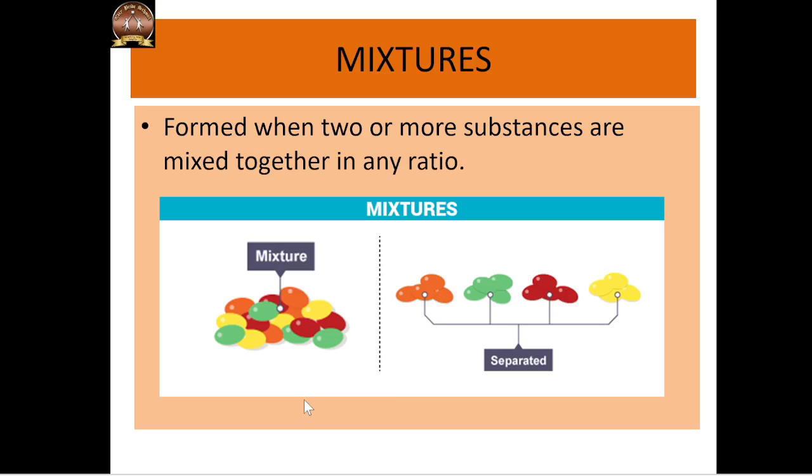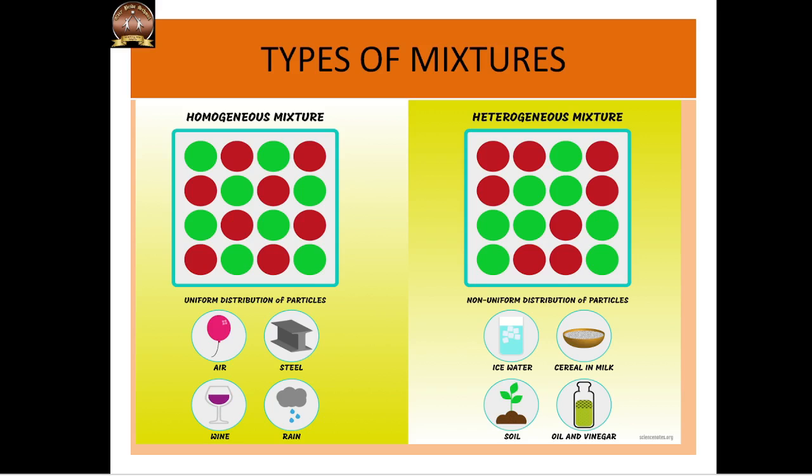So you can have it in any different ratio or proportion, and it would still be a mixture. Depending on whether these components are uniformly distributed throughout the mixture, or whether they can easily separate out, these mixtures can be homogeneous or heterogeneous mixtures, as we have already seen.